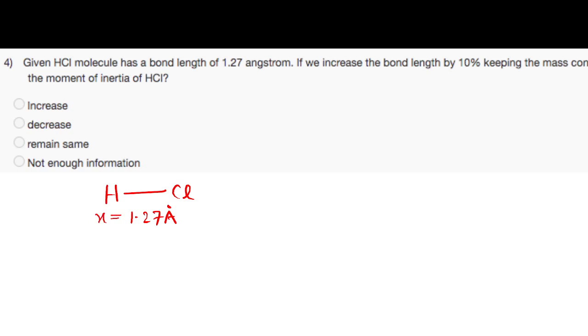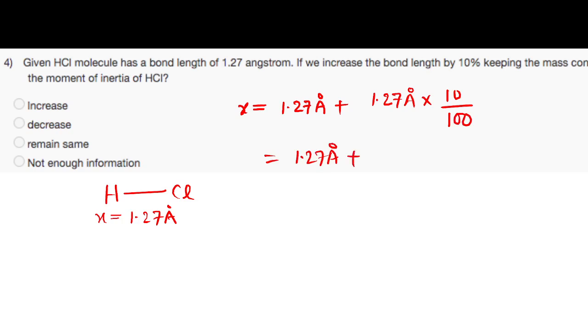Now we are increasing the x by 10%, so x will be 1.27 angstrom plus 10%, that is 10 by 100, so 0.1 times 1.27, which is 0.127 angstrom.